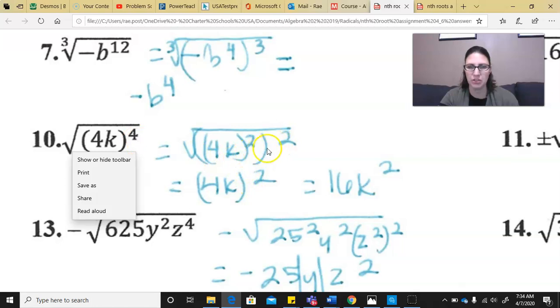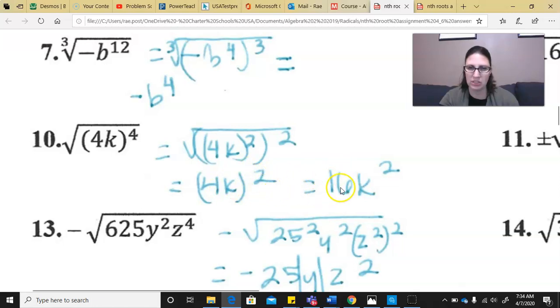So you're not changing the value of it. You could go ahead and distribute this 2 to this 4 and this 2 to this k, and then stretch it back out again. Same thing. You could write it like this, where it's 4k to the power of 2, or you could simplify it back out, where it's 4 squared, which is 16, and then k squared. Either one with me is okay. So be on the lookout for those.